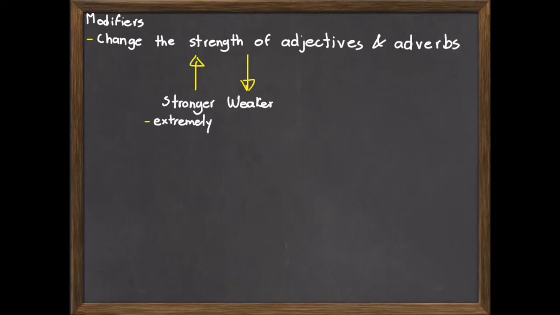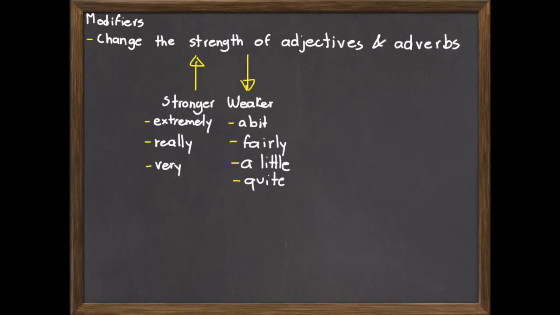For example, stronger modifiers that make adverbs and adjectives stronger could be extremely, really, and very, while some modifiers that make adjectives and adverbs sound weaker are a bit, fairly, a little, quite, and rather.